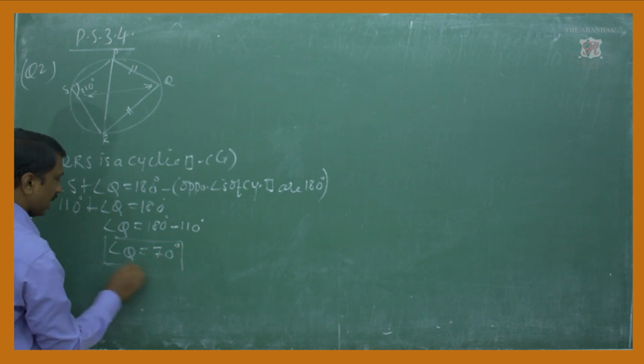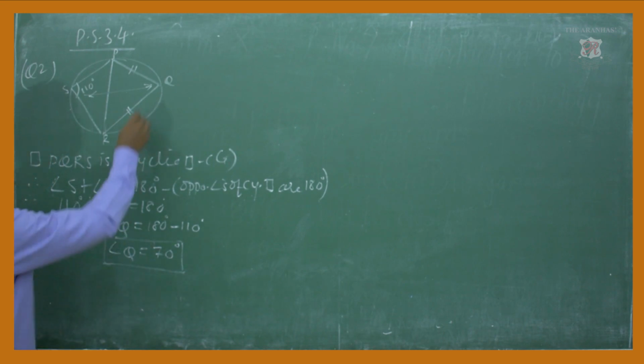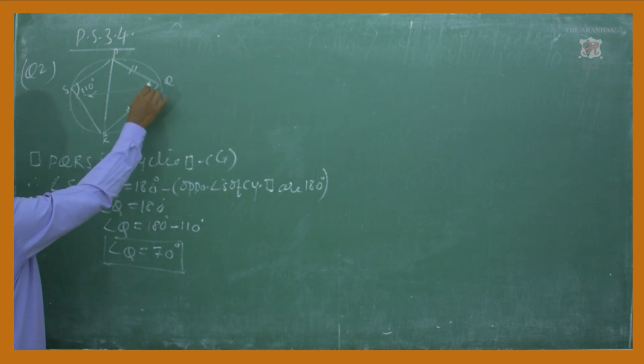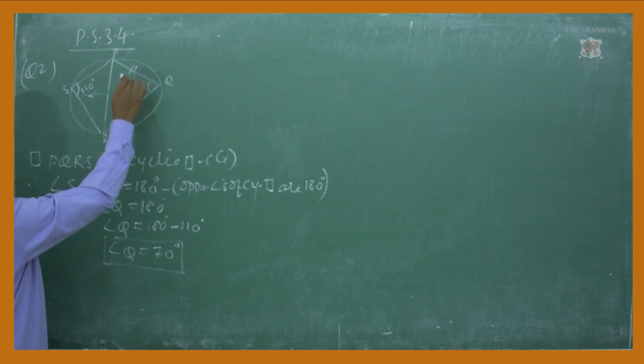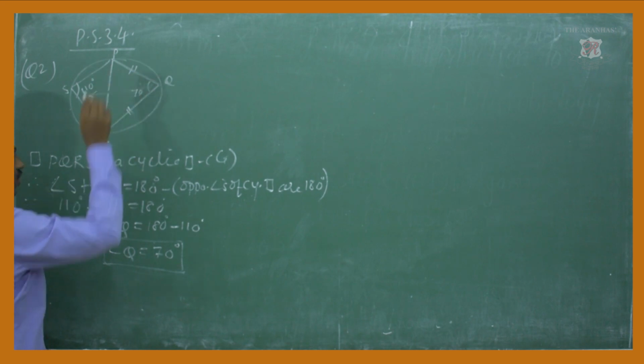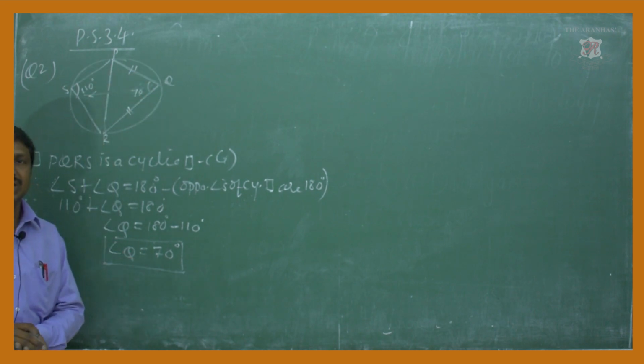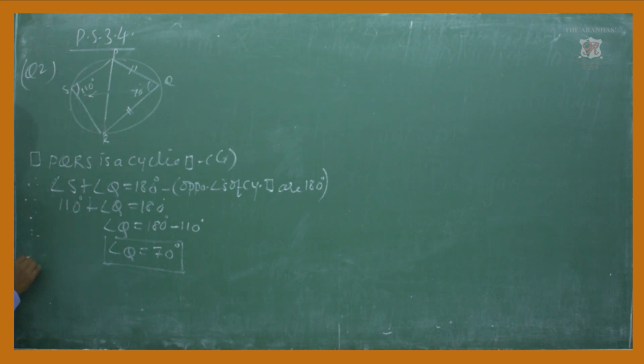You can see in the diagram, angle Q is 70 degrees. After getting angle Q's measure, immediately we will use what is given.